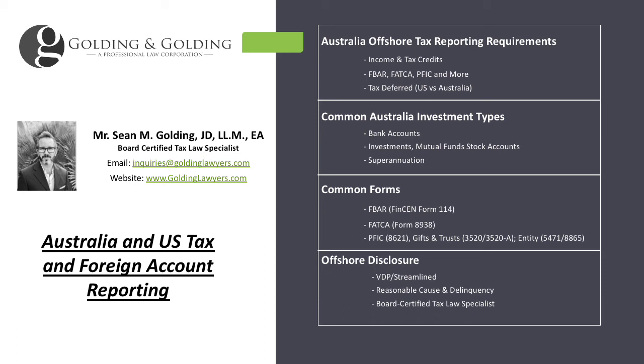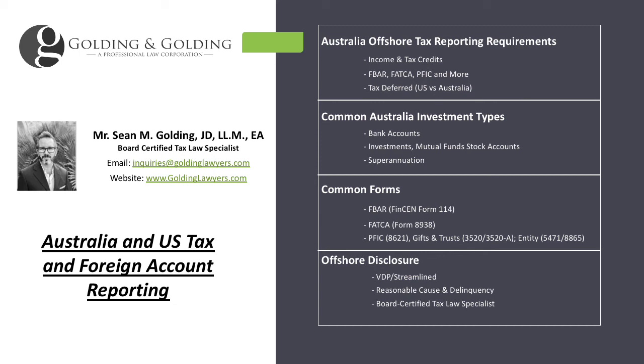Those are the two main forms. There are some more complicated forms. You may have an 8621 issue, which is PFIC, especially if you have mutual funds or other types of equity funds. Gifts and trusts: you may have a Form 3520 or Form 3520A requirement. Realize those forms are due on separate days and have different forms required to apply for an extension.